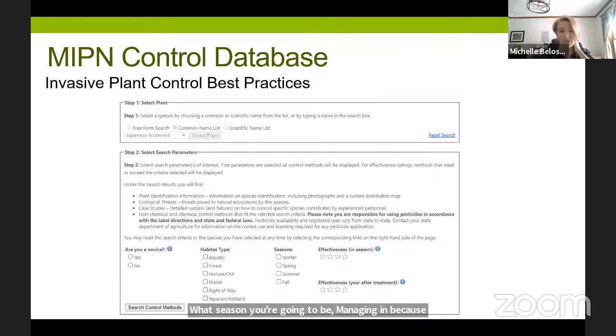You may only have access to a site certain times of the year. So how can you optimize your management given that situation? And how effective do you need this to be immediately and long-term? And you'll get a whole bevy of options, including not just herbicide, but all kinds of mechanical options as well. And all those techniques have been vetted by our colleagues at the University of Wisconsin.